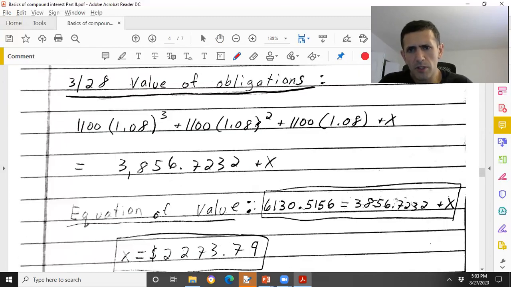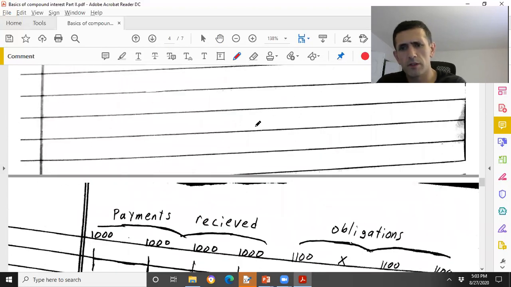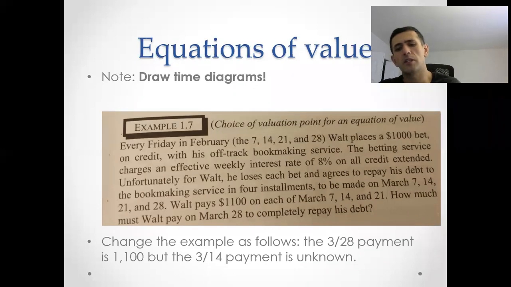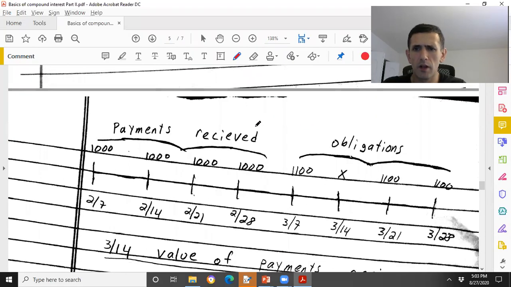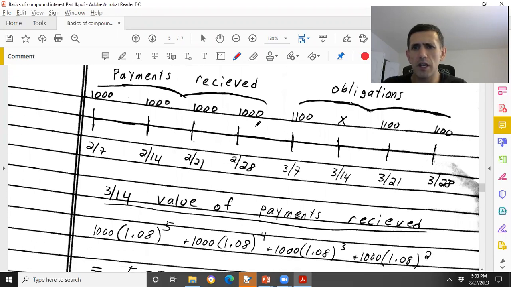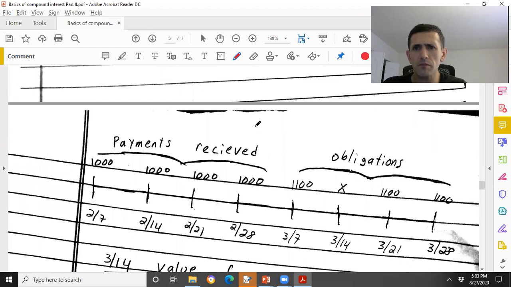Okay. So let's do a very similar example. Let's do the exact same example, except the 3/28 payment is 1,100, but the 3/14 payment is unknown. Okay. So now in this example, it's most convenient to pick my reference date again when the unknown occurs.